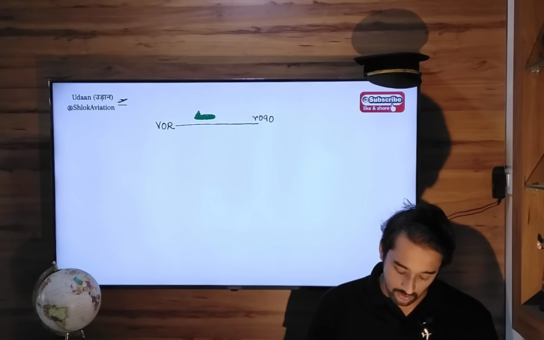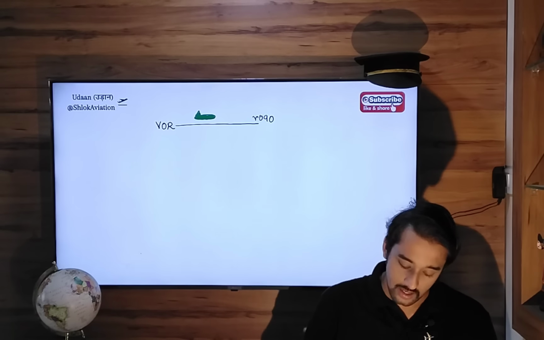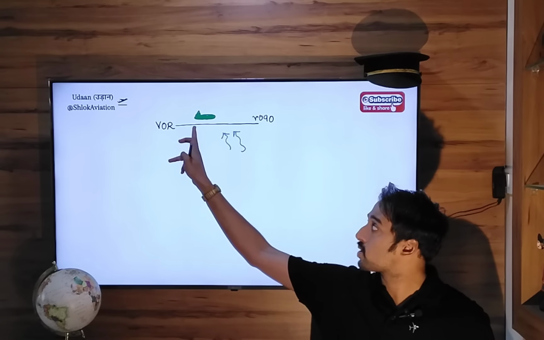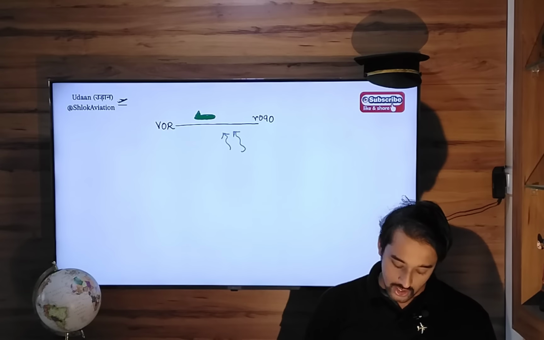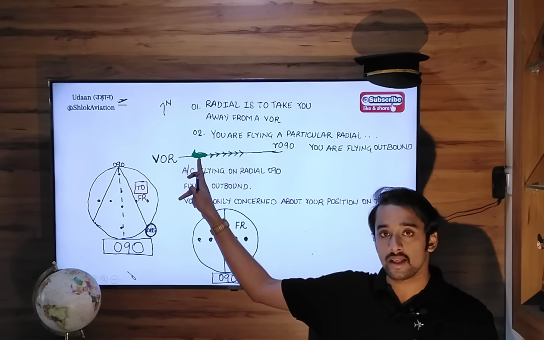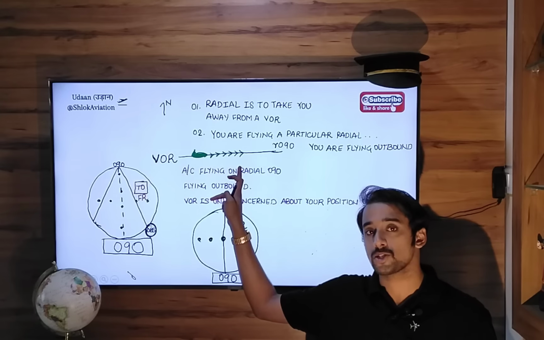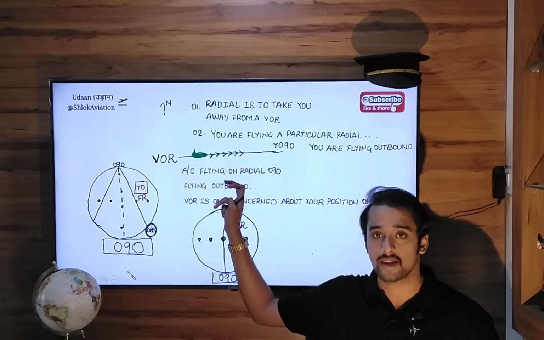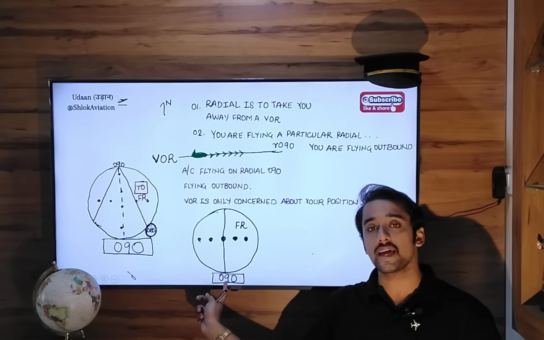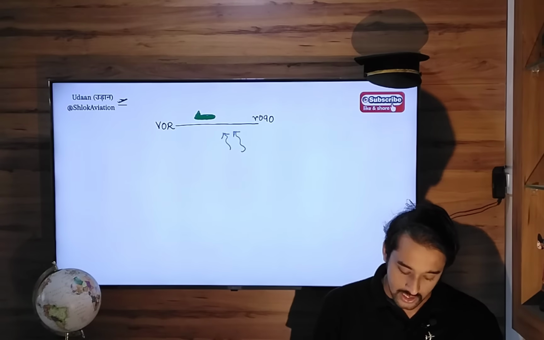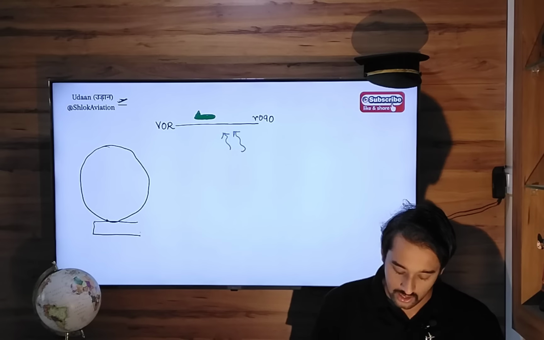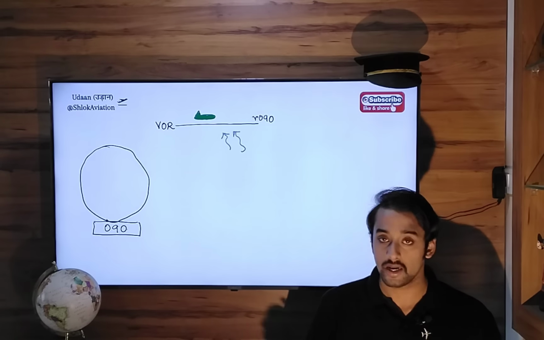Let's say there were some winds on your flight path from the right hand side, and these winds push the aeroplane from the radial 090 center line to the left hand side. Previously we were correctly on the radial, then there were some right crosswinds which pushed our aeroplane to the left hand side. Now what was the setting given in the OBS selector? It was 090. So this is your OBS which has 090 in here.